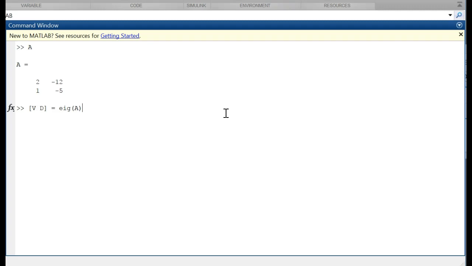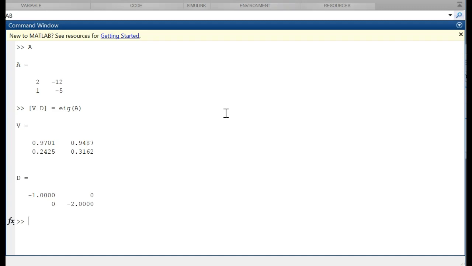If you just ask for eig A, it gives you the two eigenvalues. Here I'm going to get two matrices. The D matrix is a diagonal matrix where the eigenvalues are on the diagonal. The columns of the V matrix are the corresponding eigenvectors.